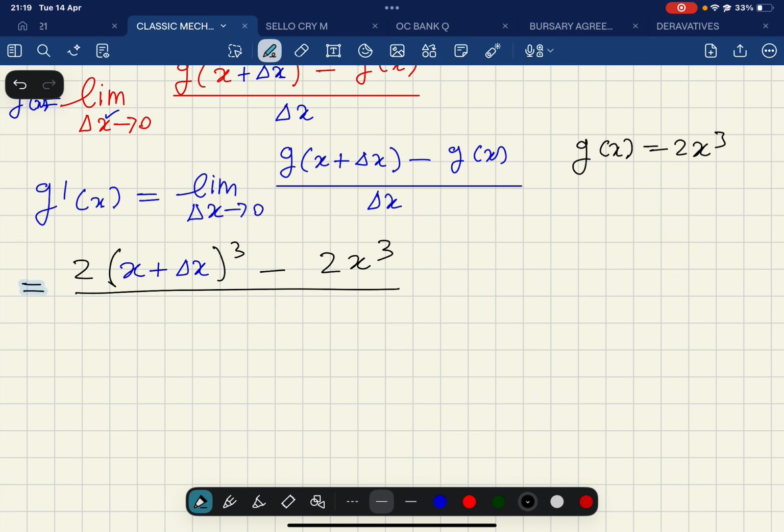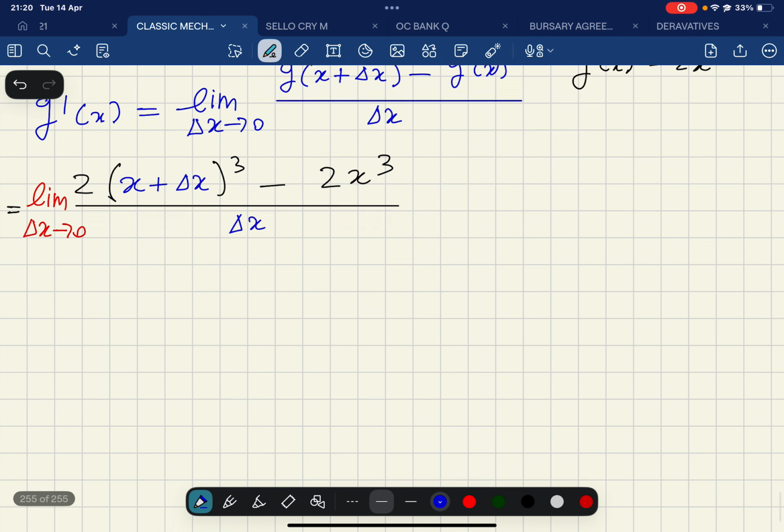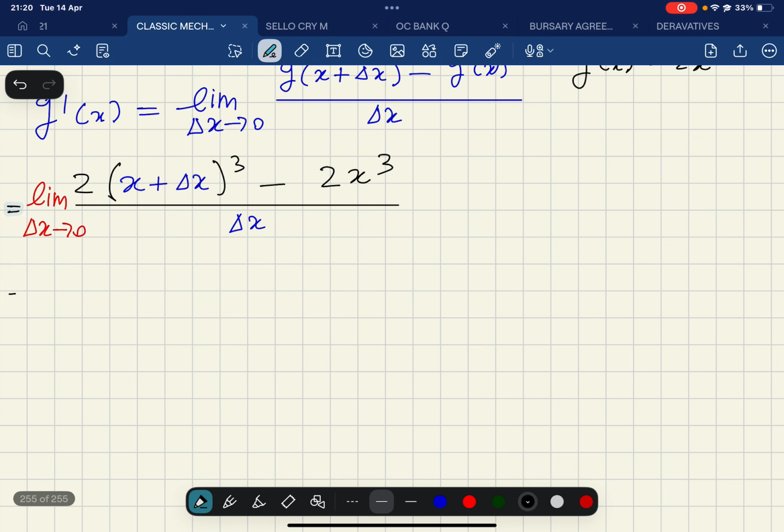Oh, sorry, I forgot the limit. That's the last thing that I can forget. I have the limit as change in x approaches 0, which means I'll still have the change in x in the denominator.